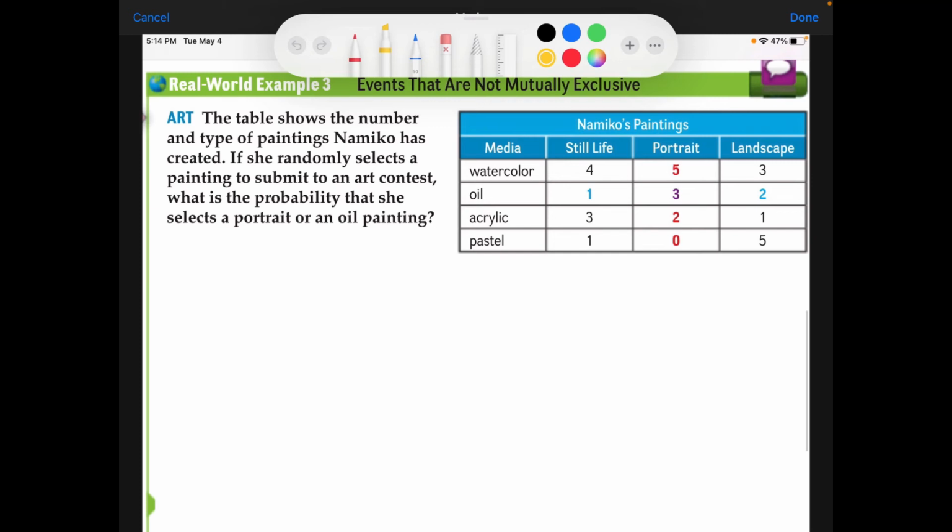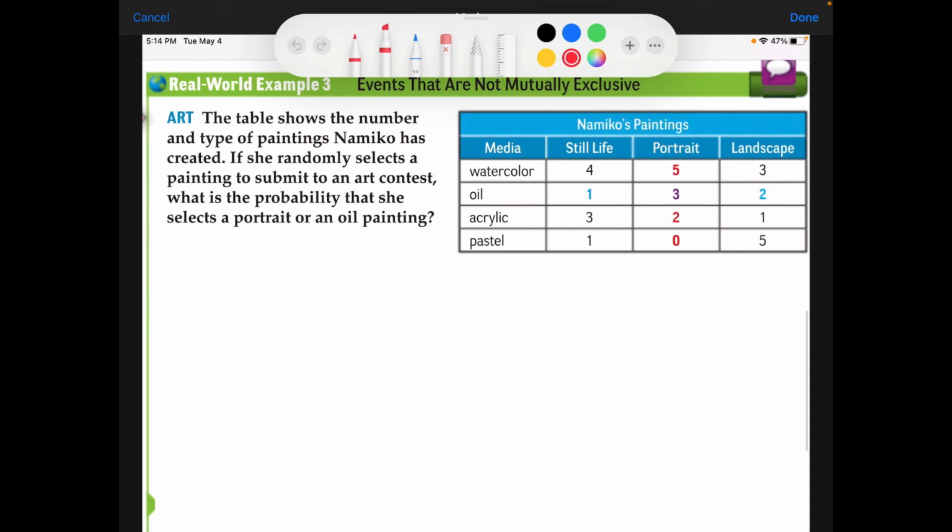So since some of Namiko's paintings are both portraits and oil paintings, these events are not mutually exclusive because we have some intersections here. So we're going to use the rule for two events that are not mutually exclusive. The total number of paintings from which to choose are 30. Okay, so if we add up all of them, we add up to 30.